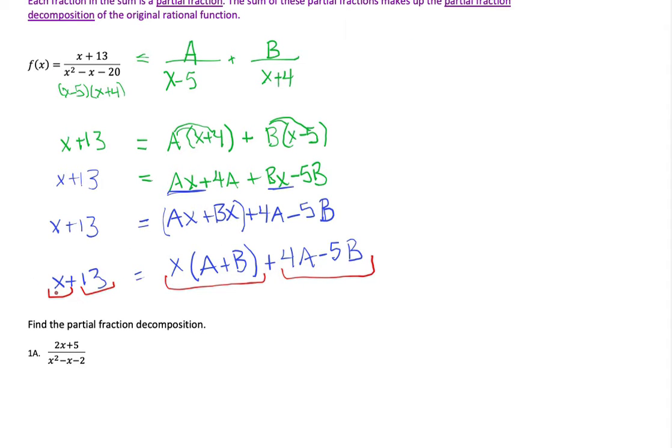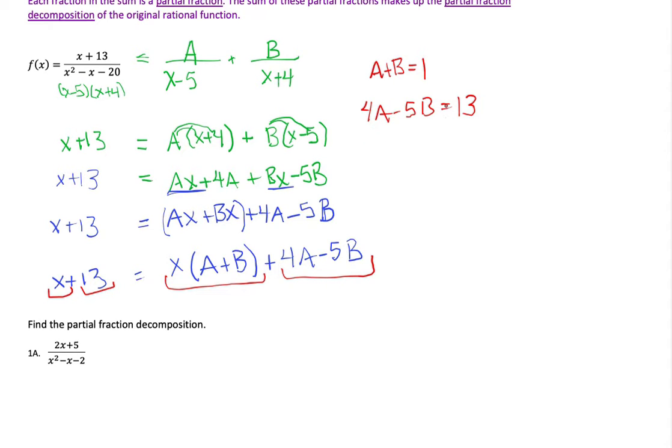It's 1 times x, and this is A plus B times x. Since they're equal, I know that A plus B has to equal 1. That's probably the trickiest part for kids to understand. Then I also know that the constant part has to equal 13, so I'm going to write 4A minus 5B equals 13. So I have 2 equations with 2 unknowns.